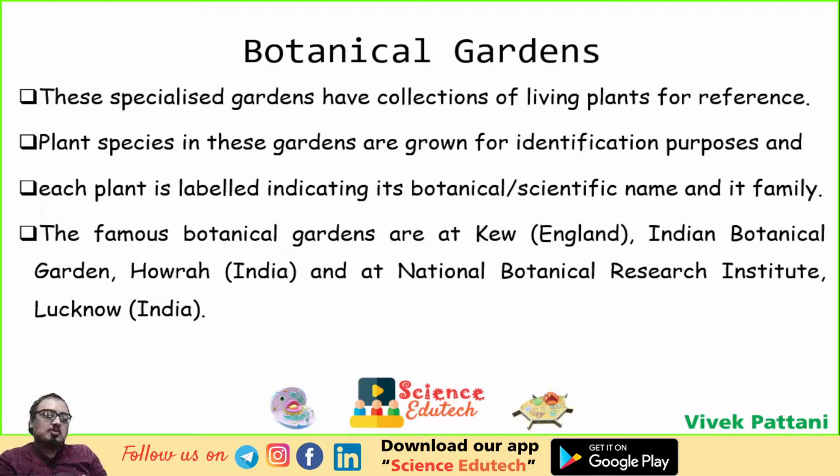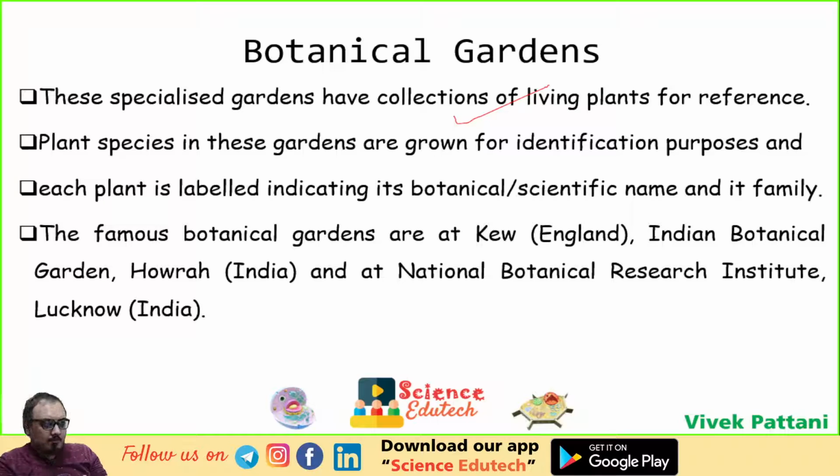The plant species in these gardens are grown for identification purposes, so these gardens have collections of living plants for reference. Each plant is labeled indicating its botanical or scientific name as well as its family.